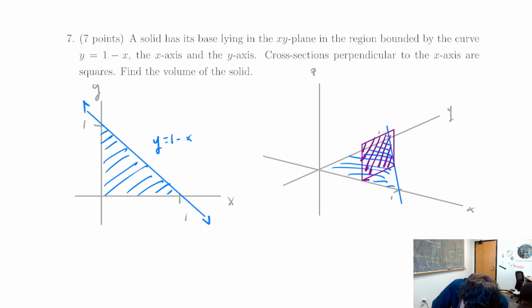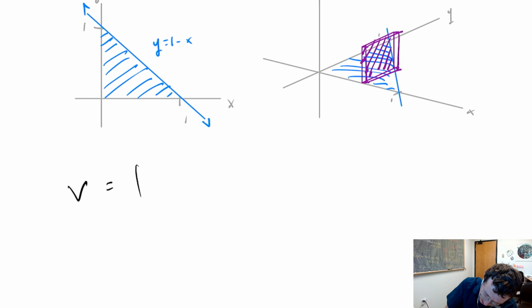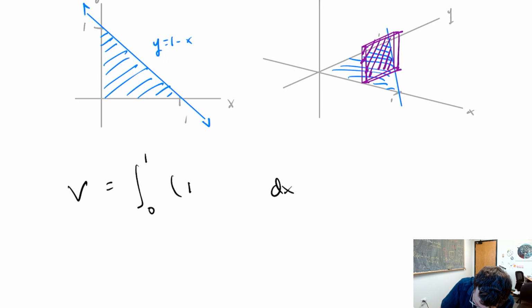And once again, if I give it a little bit of thickness, so we can see what it looks like in 3D. We're integrating with respect to x, and in fact the dx is the thickness of that slab. We're going from 0 to 1, and this is 1 minus x.